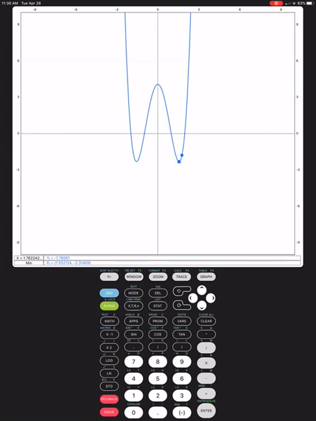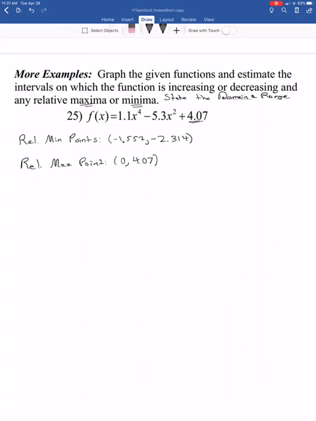We're going to talk about symmetry later on in this unit. This graph, again, you can see the y-axis splits it right down the middle. So this is the reflection point, which is the other min point. So there's our other turning point on this graph. So let's go ahead and write that one down. So we got one at 1.552, negative 2.314.